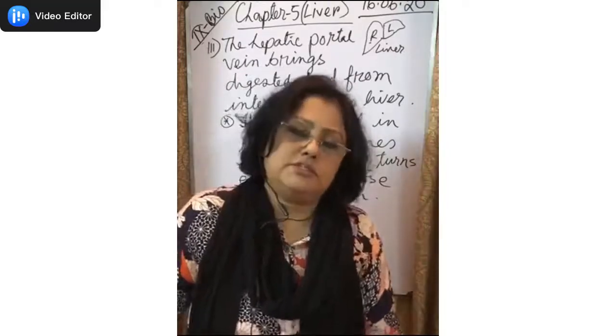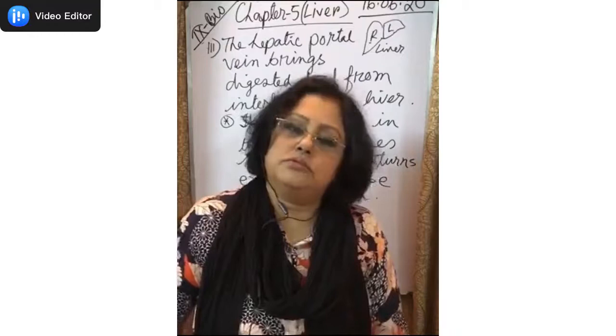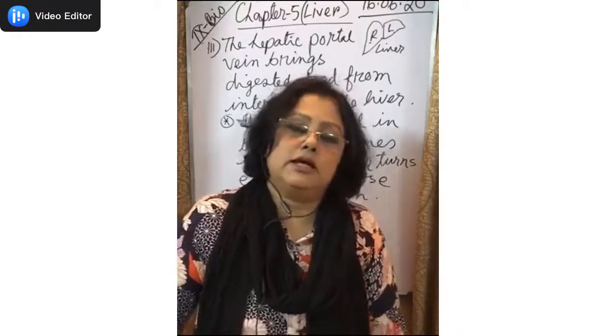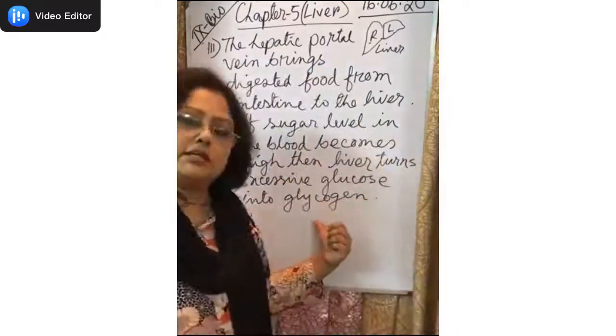So, if the sugar level becomes low, what will happen? Then the liver again breaks down this glycogen into glucose and supplies it to the blood, and the blood can get its normal level. Clear how important it is?